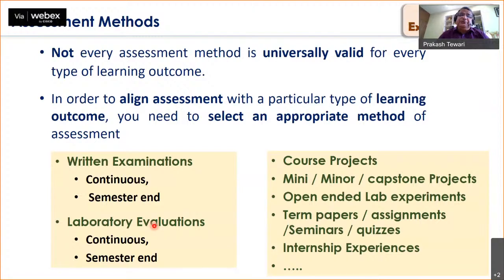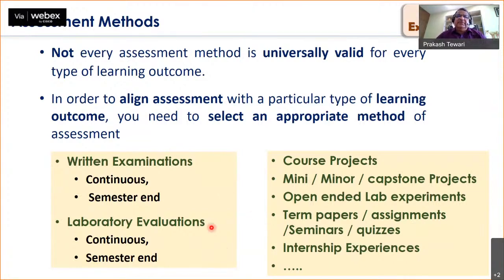Or in the laboratory also we have continuous internal evaluation. Every lab session when they come, we see what they have written for the previous week's experiment and ask a few questions on that. So that is continuous evaluation, and out of 10 marks something is given. Then at the semester exam there are the lab exams. In batches they conduct experiments and demonstrate their learning.